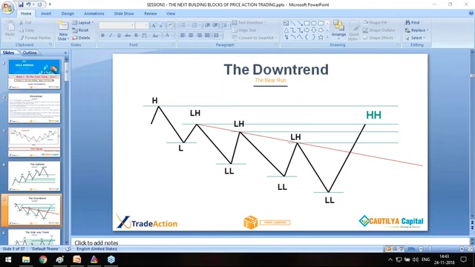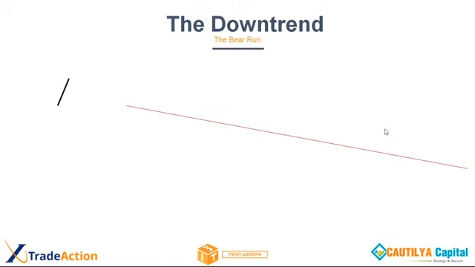All three rules passed. And now what happened? The price not only broke the trend line, but also broke the lower high, and hence the trend line is invalid. So now that the downtrend line is broken, on any retracement, I will look for an opportunity to go long.